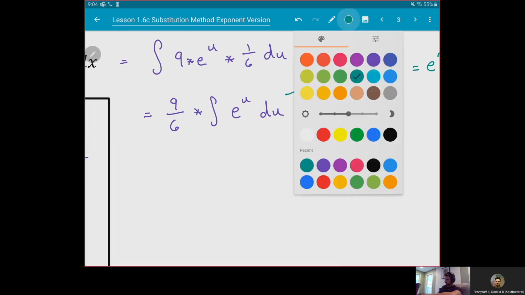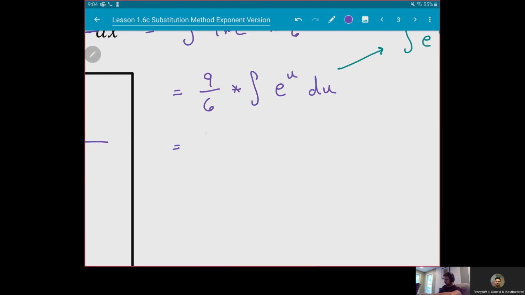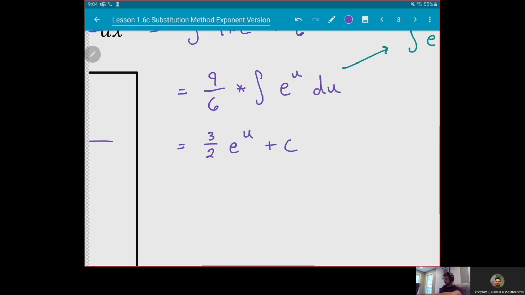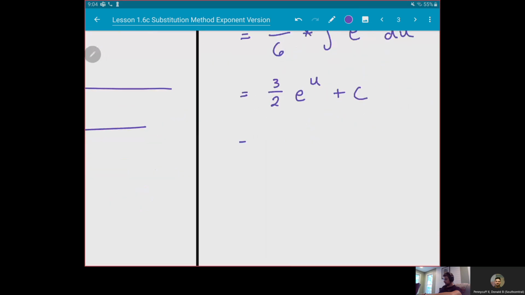So this is going to give me 3/2 e to the u plus c. And then I can plug back in what my u was, 6x plus 7. So this is 3/2 e to the 6x plus 7 plus c.